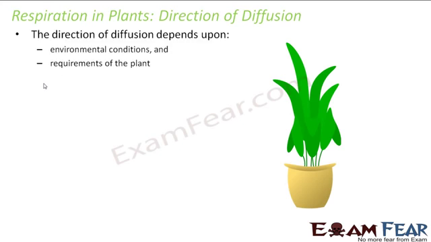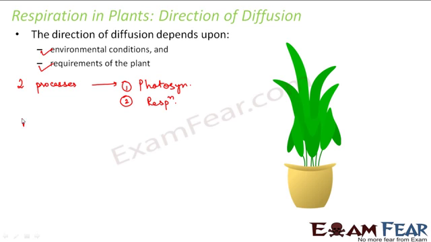The direction of diffusion depends upon the environmental conditions and the requirements of the plant. So what do I mean by these two terms? Environmental conditions and the requirements of the plant. Let us look at it. Now what are the two main processes which take place inside plants? One is photosynthesis and the second one is respiration.